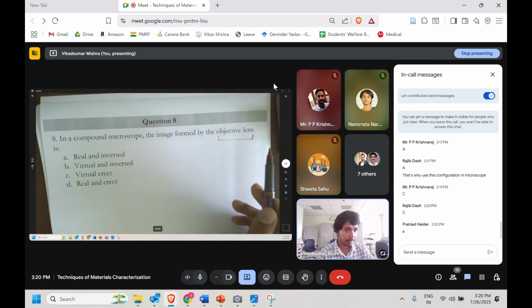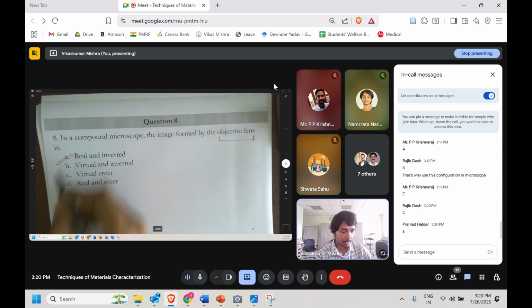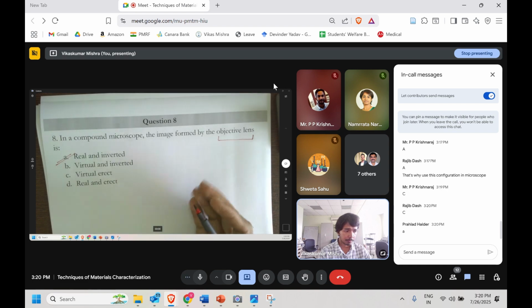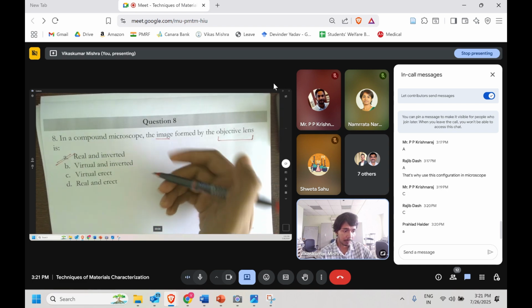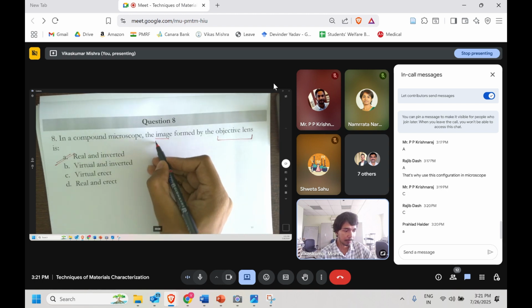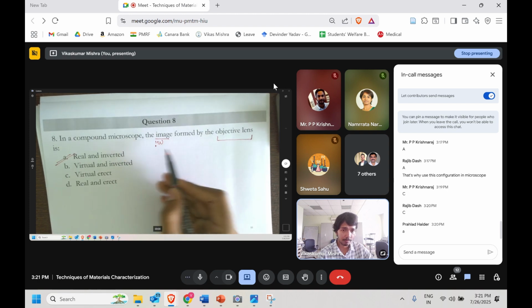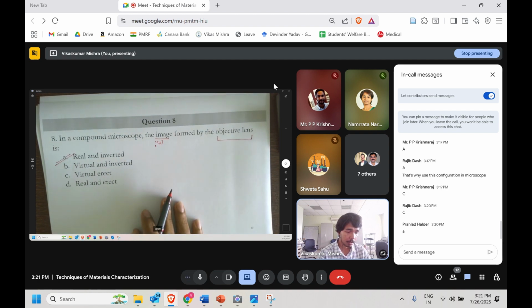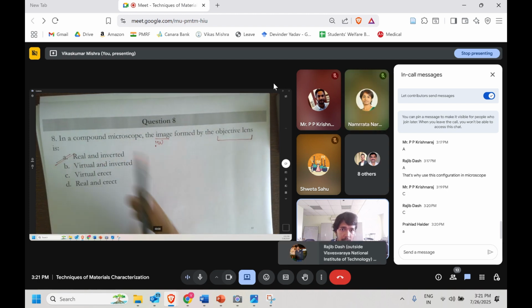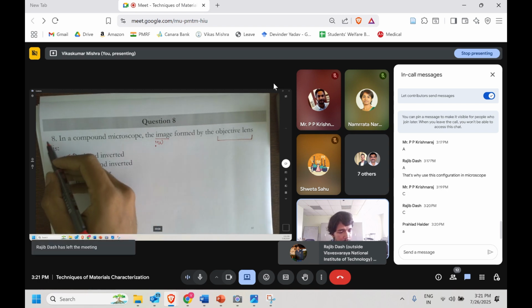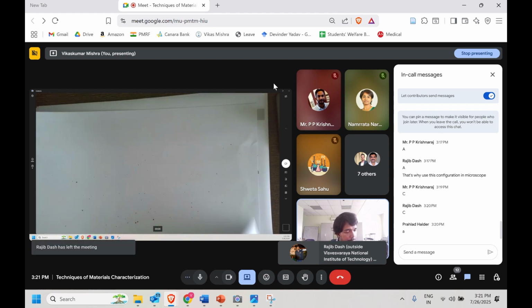For the objective lens, it is A, right? Perfect. Real and inverted. If I'm seeing the image through the lens, it will be displayed something like this. So it is real, but inverted. Very good. The right answer is option A.